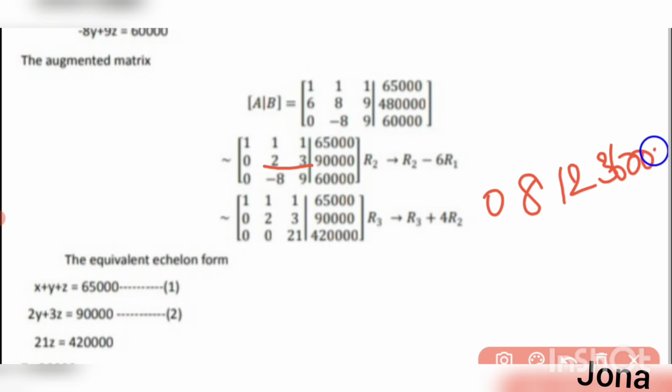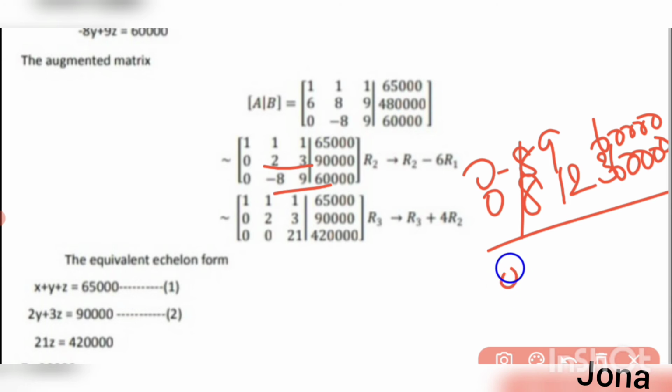And then we have to add this along with R3. So what is R3 here? 0 minus 8, 9, and here this is 60,000. So add both the things, it will be 0. So we got 0 and 0. And then here 9 plus 12 is 21. And then 36 plus 6.